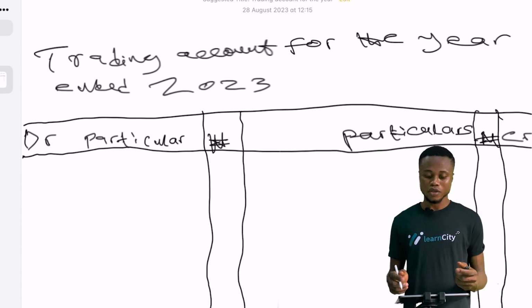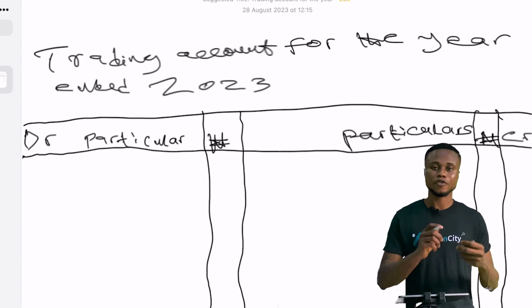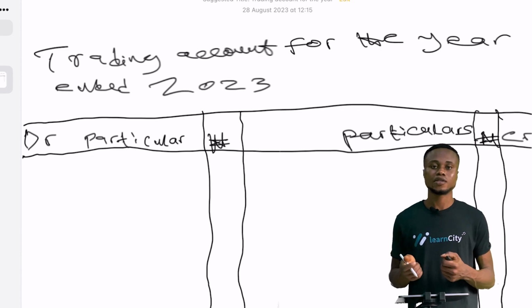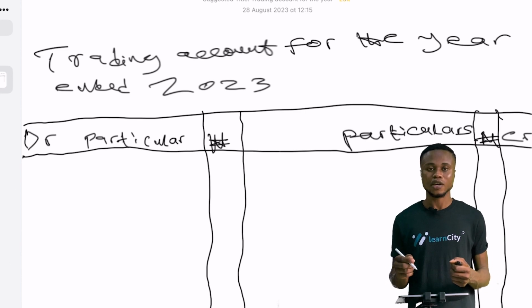There is a need to rule it like this to create room for every item you are going to list in your trading account.